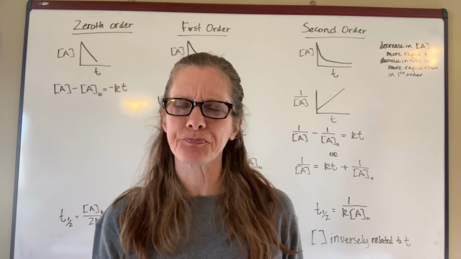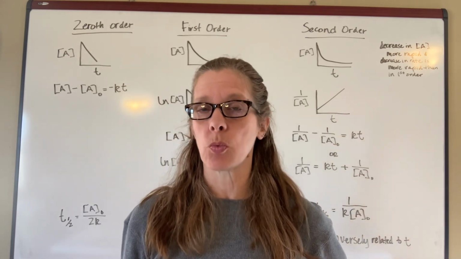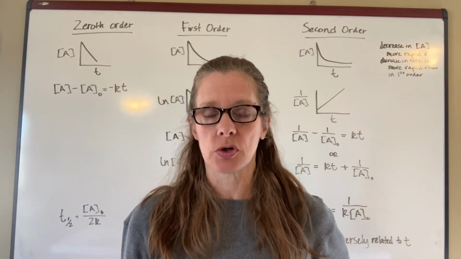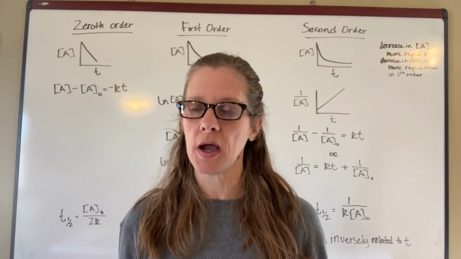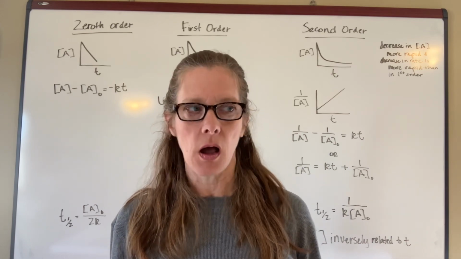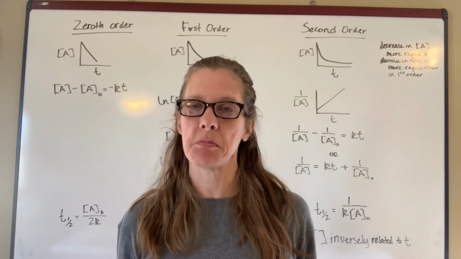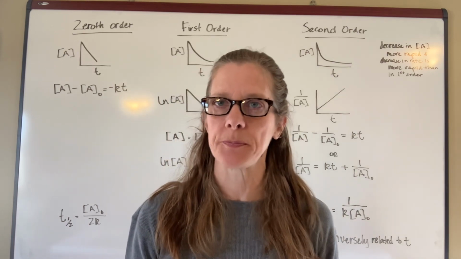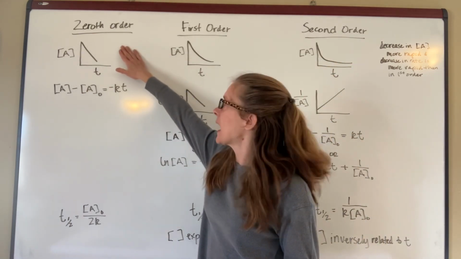In the lab that you did for this chapter, you saw that one of the reactants actually was zeroth order. It didn't matter when you changed the concentration of the hydrogen ion, it didn't make a difference to the rate of reaction. So that reactant, though it has to be there for the reaction to take place, the concentration of it didn't make any difference as far as the reaction rate. And so that's the situation with a zeroth order reaction.